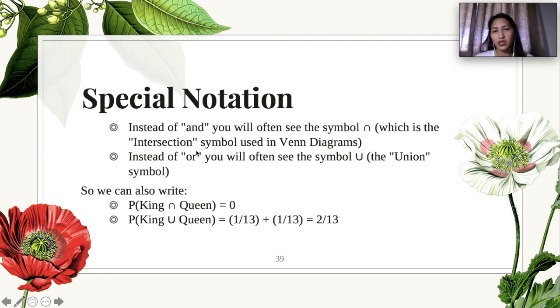Okay? So, this is the symbol for and, this is the symbol for or, this is what you call intersection, and this is what you call the union. Kaya nga dito sa intersection, mas maunti yung value na nire-return kesa sa union. Kasi, mas madami yung nire-return ng or kesa sa and, kasi mas konti lang yung possibilities.